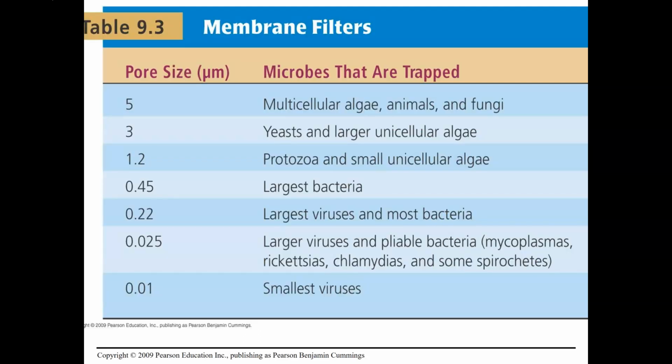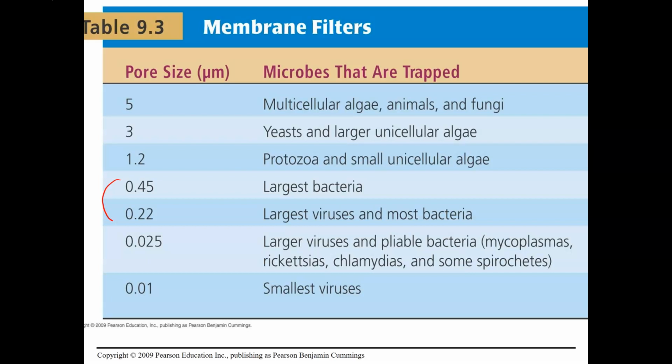This table from your book is showing you different types of membranes that can be purchased from a commercial operation. The pore sizes vary. As you might imagine, the smaller the pore size, the more expensive the filters become. In general, what we use in the microbiology lab is going to be in this range right here, about 0.45 and 0.22 micrometer pore sizes.